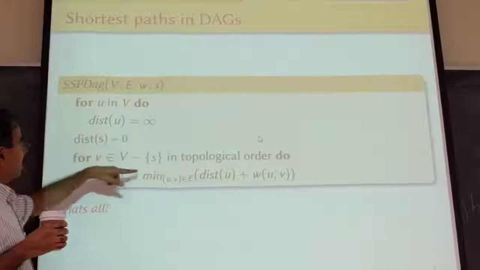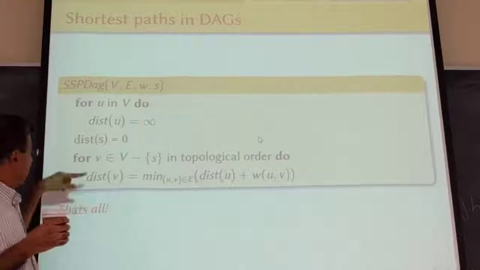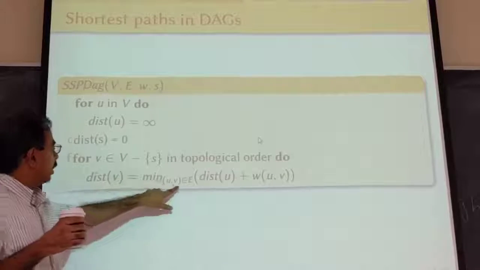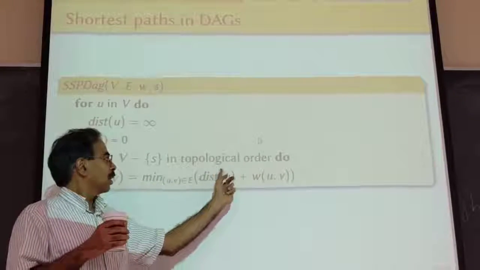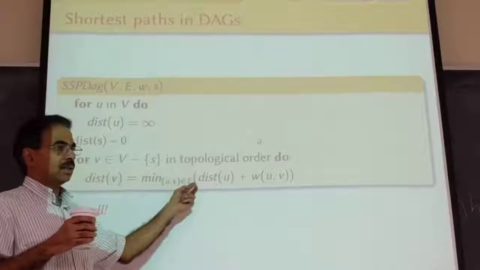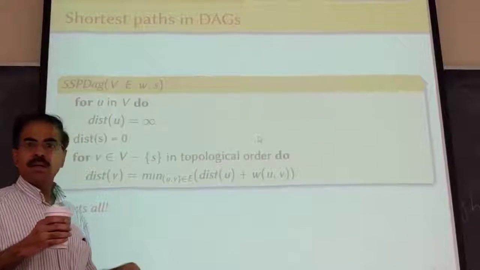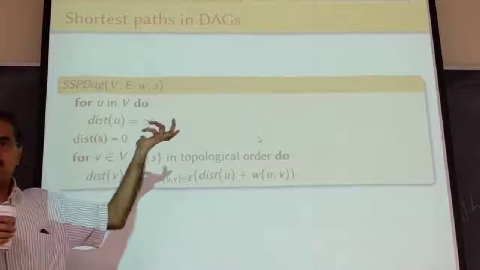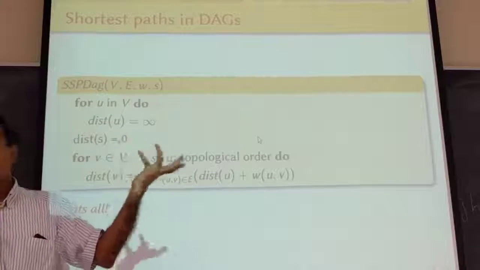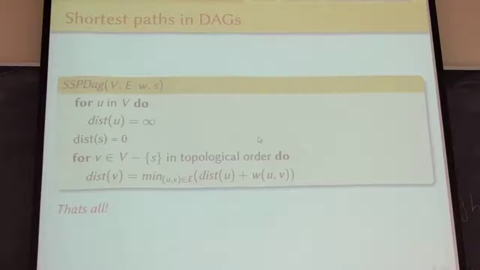The topological sorting will take order of e time. Now we go through each vertex, and for each vertex we are going to look at its parents. So the number of such parents is going to be the sum over all the vertices of the number of their parents. That's exactly the total set of edges in the graph, and therefore this whole thing is going to take order of e time, right?